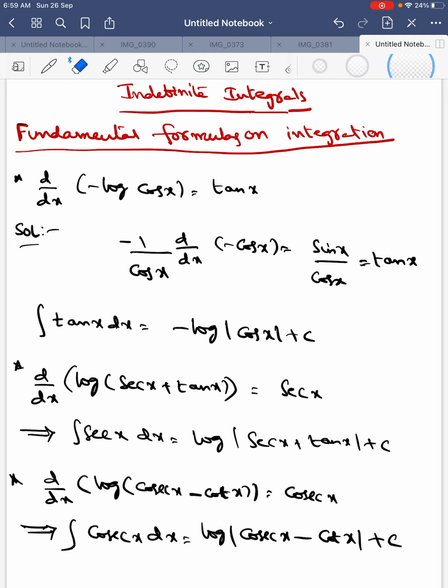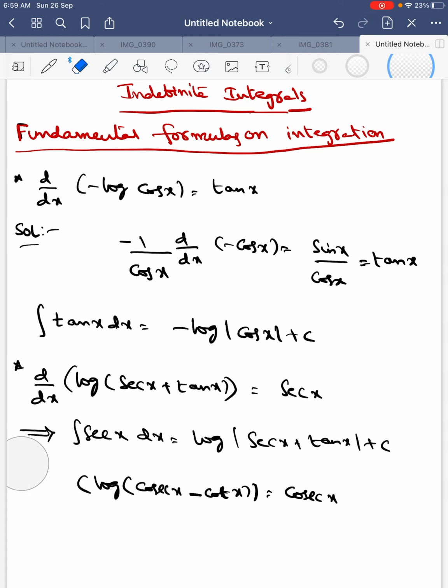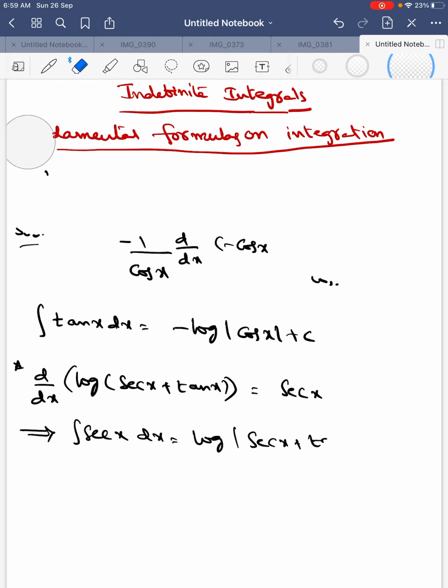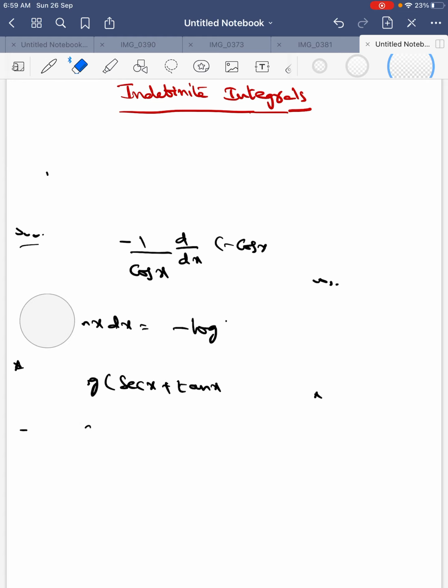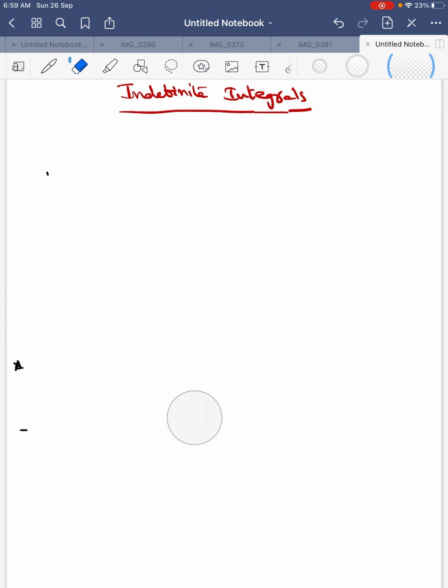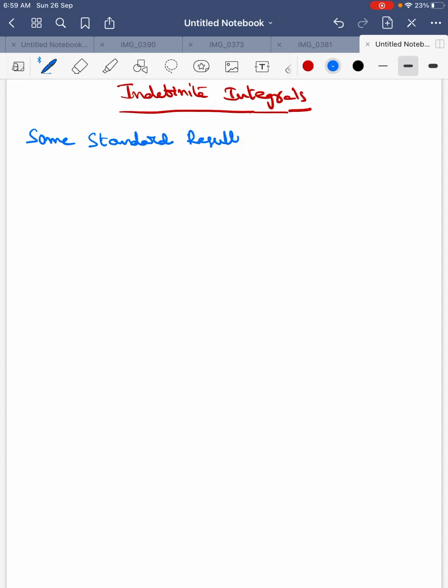Next, I am discussing some standard results of integration.